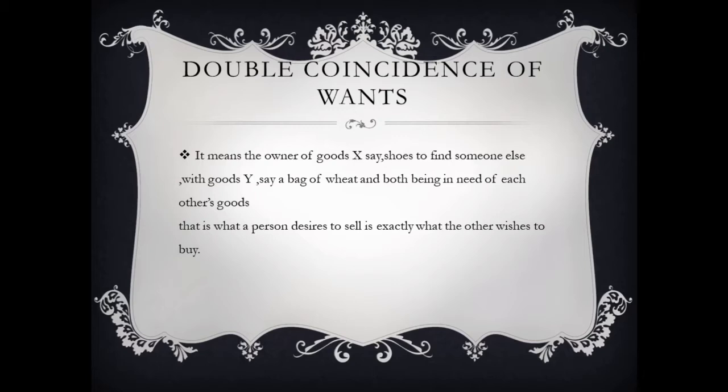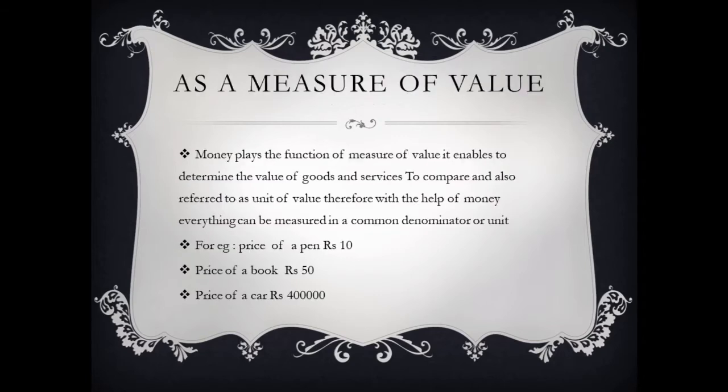Commodities such as consumer goods, electronics, books, stationery, bag, anything, or services like transportation, education, medical facilities, all these things we can buy with the help of money. That is common acceptability of money as a means of exchange.